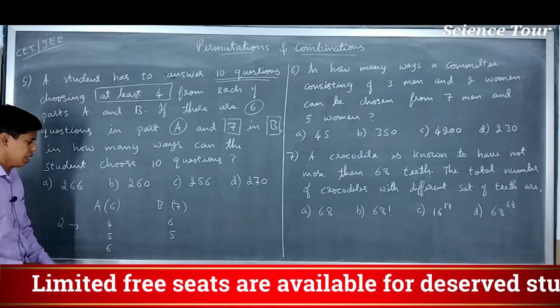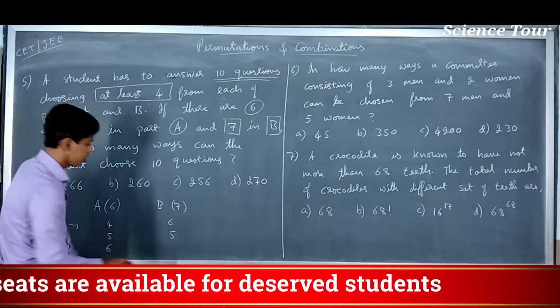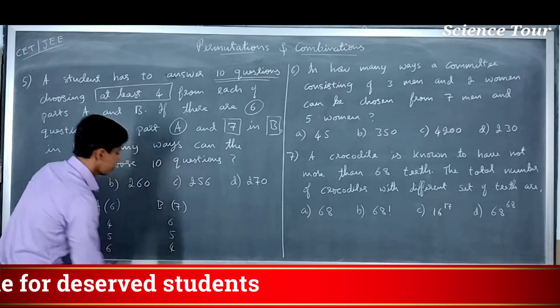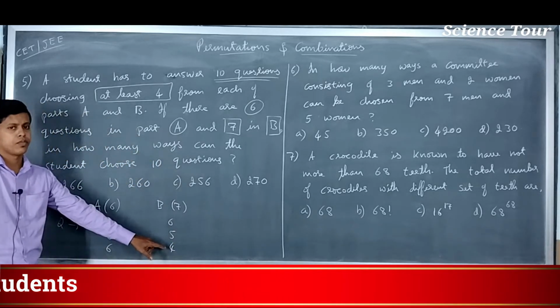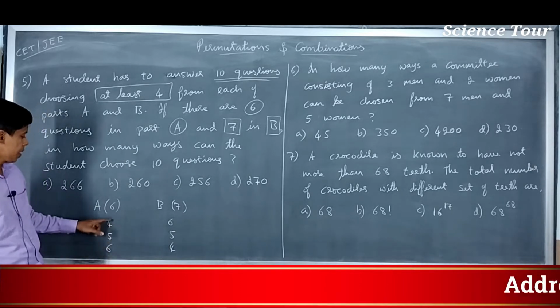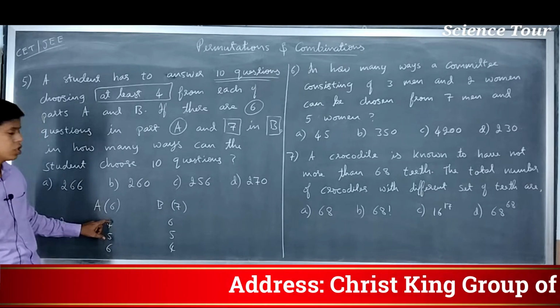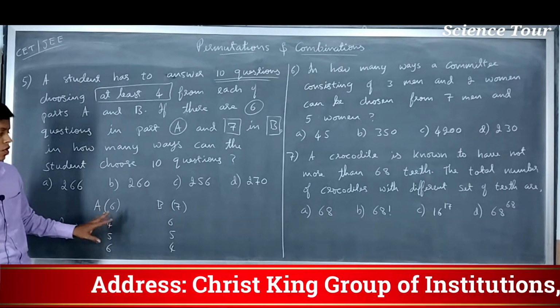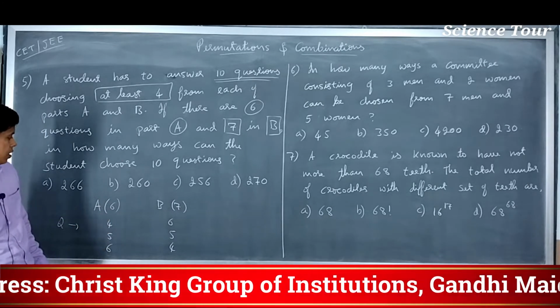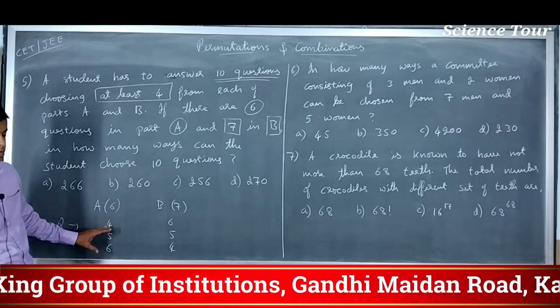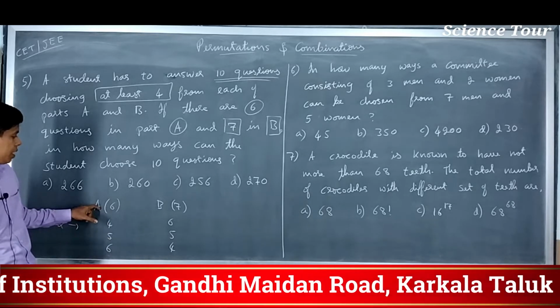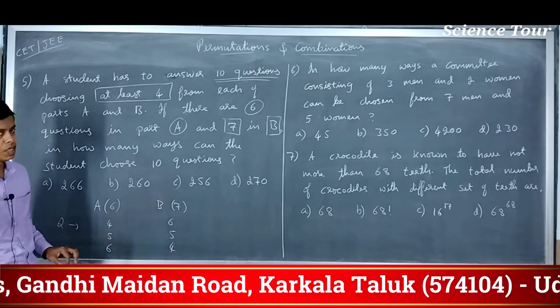Okay, 6. And if you take 6 from here, you have to take only 4 from here. So at least 4 you should take. Now you cannot write 3 plus 7. You can't do that. 4 is the minimum.